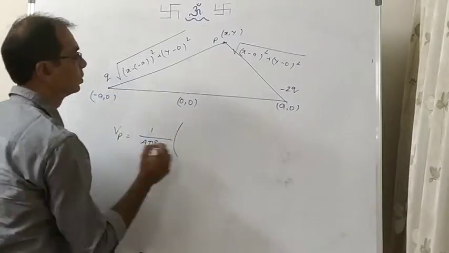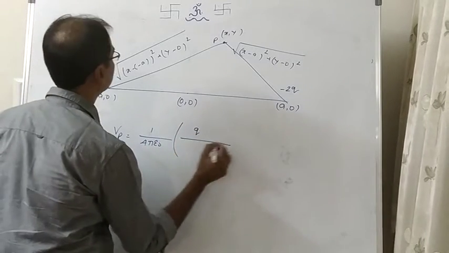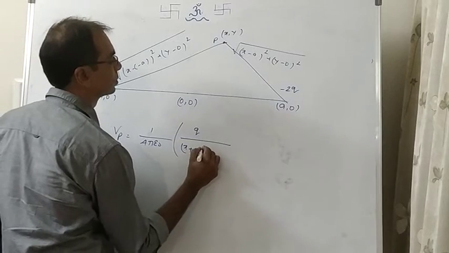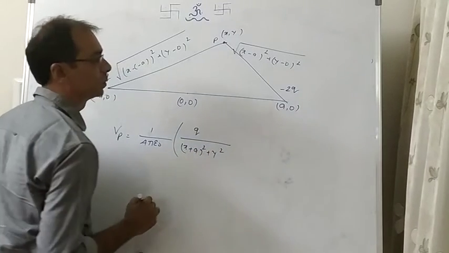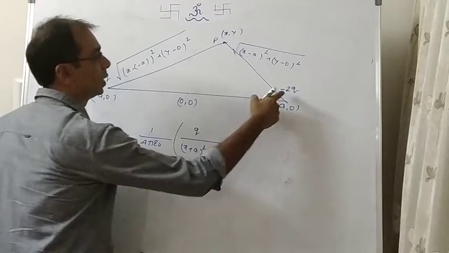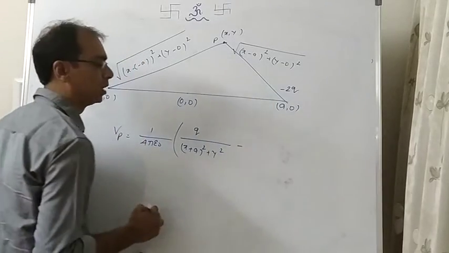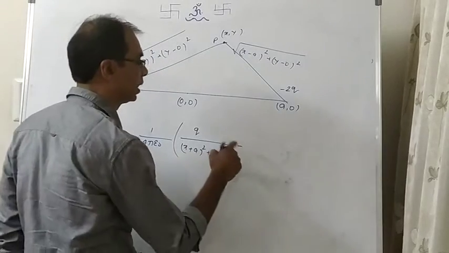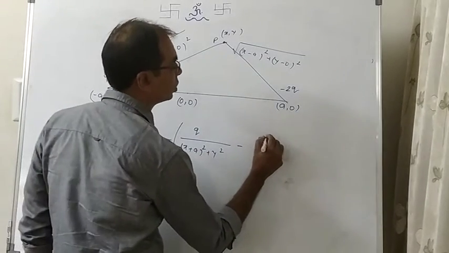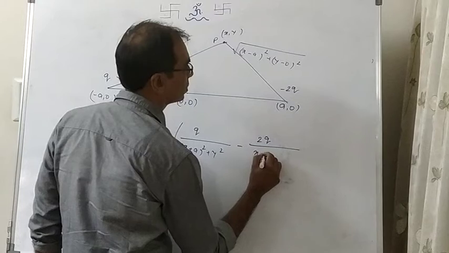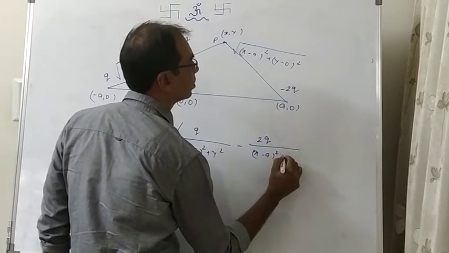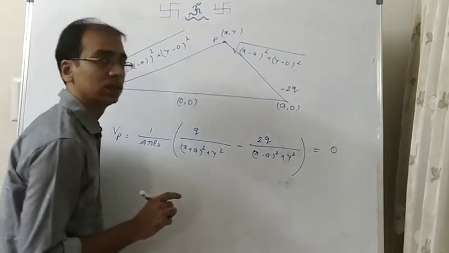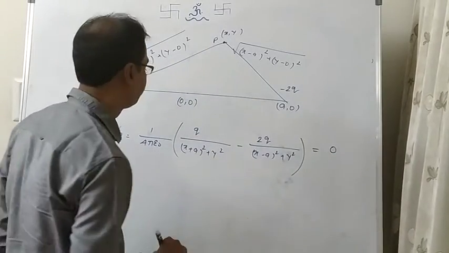Now because of Q, it is Q by x plus a whole square plus y square, and because of minus 2q, it is minus 2q by x minus a whole square plus y square, equal to 0, because we are searching for the net potential 0 there.